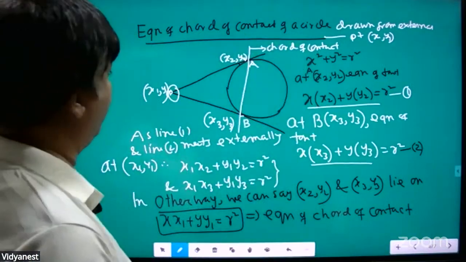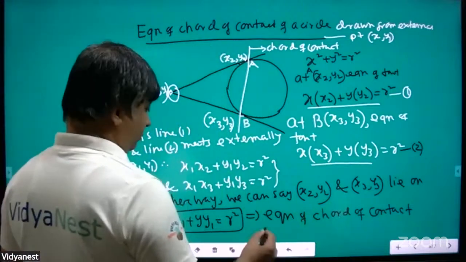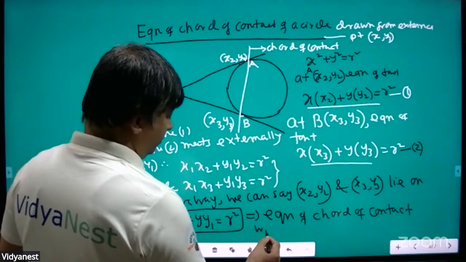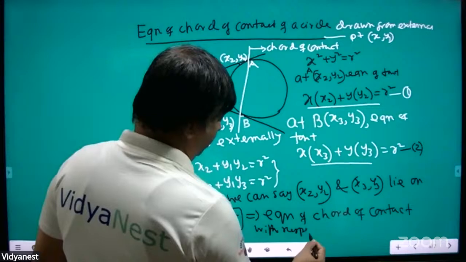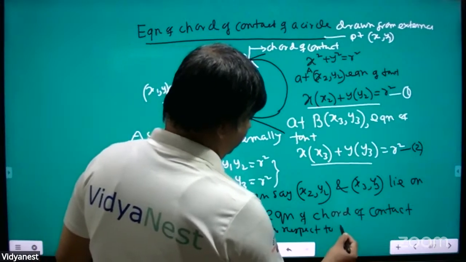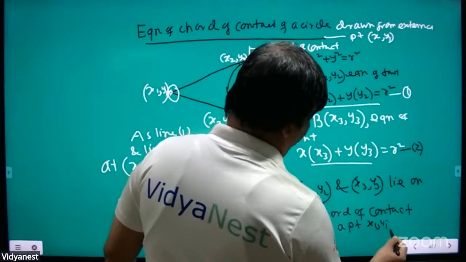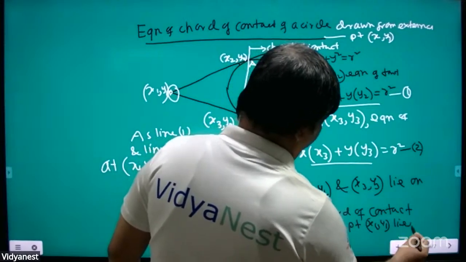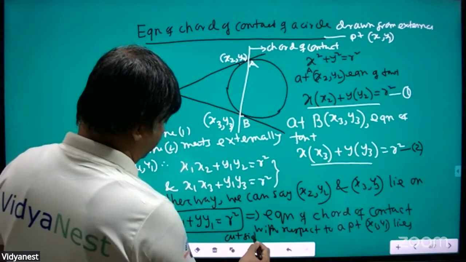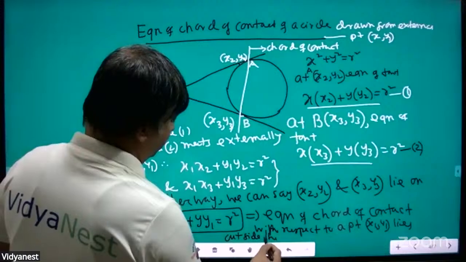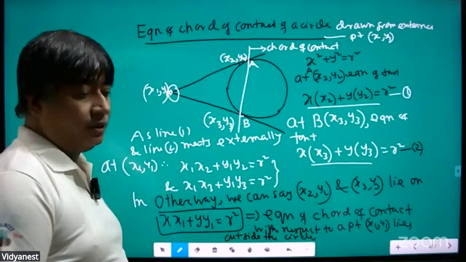Equation of chord of contact with respect to a point x1 y1 which lies outside the circle. Okay.